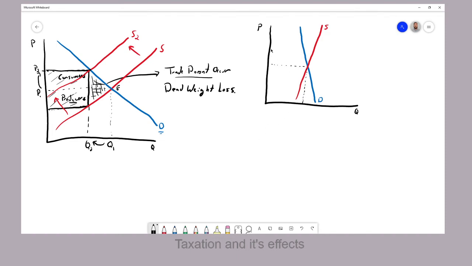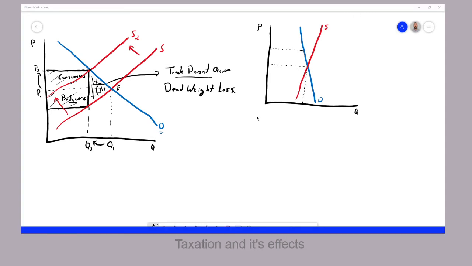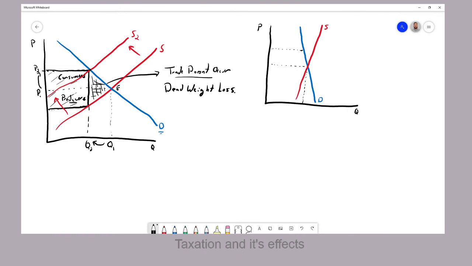And we'll assume that our tax raises us to here. So we were at P1, we'll be at P2, and we were at Q1 to Q2, this kind of shift.